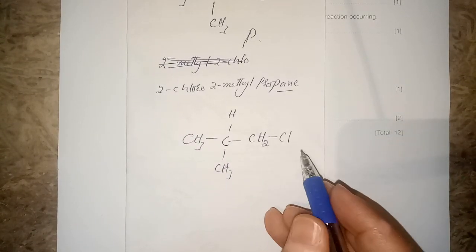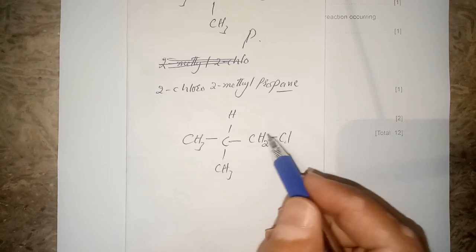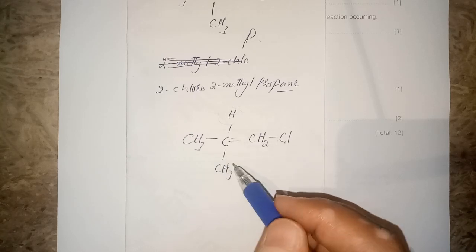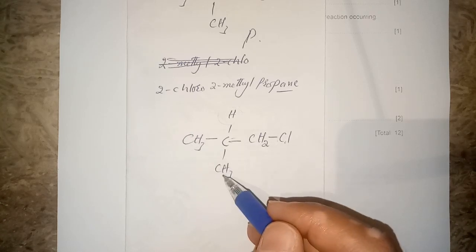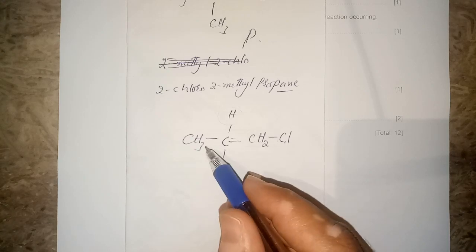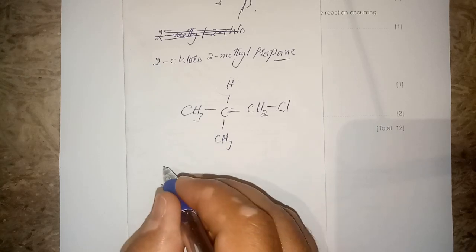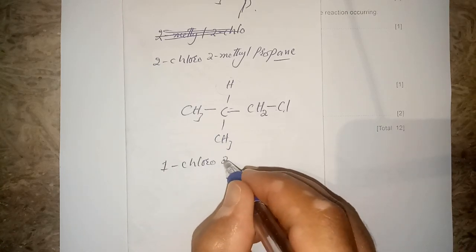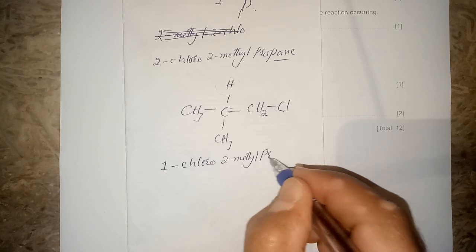When the chlorine is removed from this carbon, the adjacent carbon has only one hydrogen, so the double bond forms over here, and as a result of elimination we get 2-methylpropene. The name of this compound will be 1-chloro-2-methylpropane.